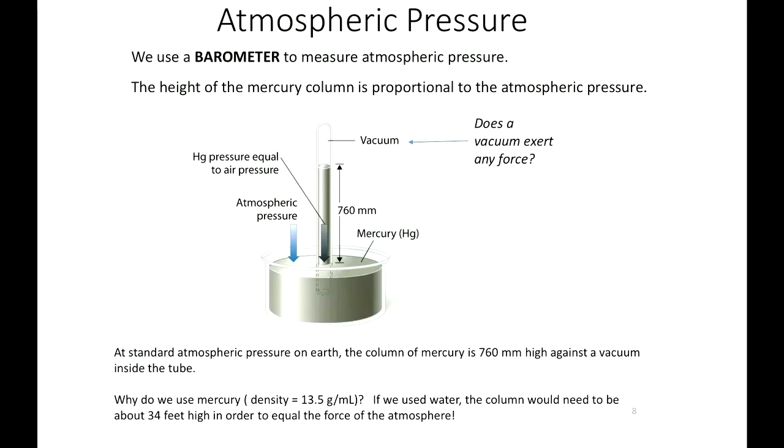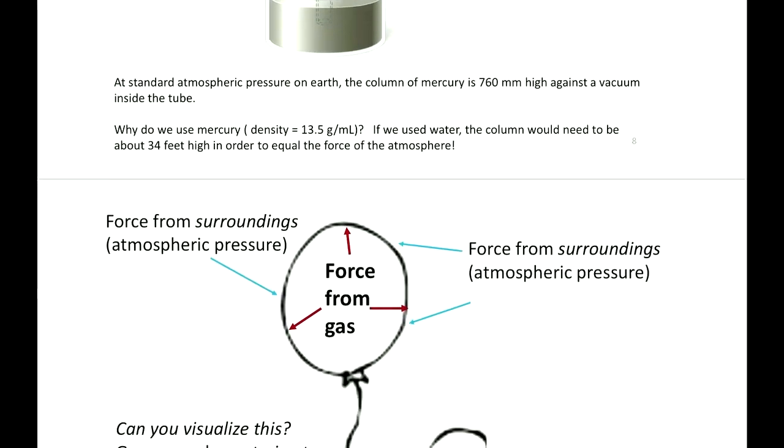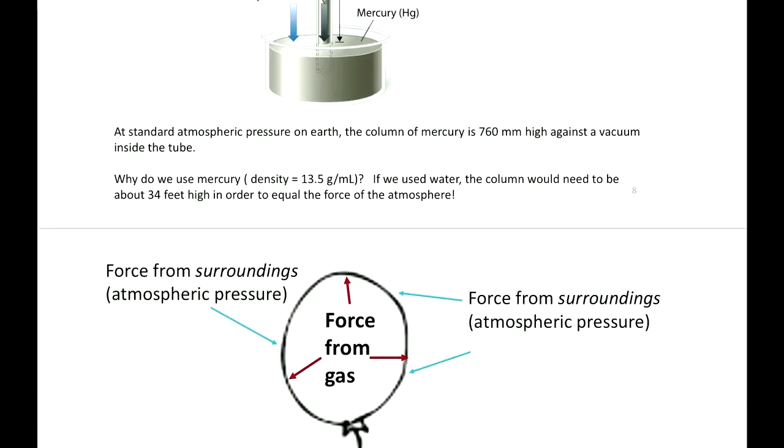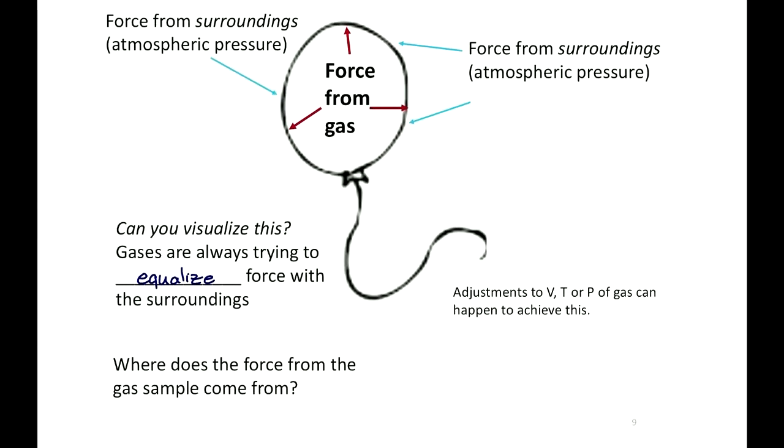It comes from this experiment, the height of that mercury to equal the weight of the atmosphere on the outside. Okay, so what you see here is that the force inside this tube is equal to the force outside the tube coming from the atmosphere. So constantly, we need to think about gases equalizing themselves with the pressure, the external pressure around it.